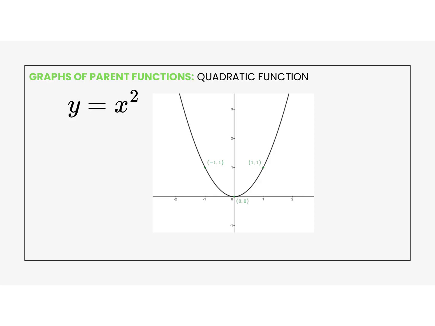You can see them highlighted on this graph here, but the 3 points that we need to know for a quadratic function are (-1, 1), (0, 0), and (1, 1). Okay, and you notice that the graph makes an upward U shape. That's called a parabola. And what's not on here that probably should be are arrows. It is going to keep going in those directions. Okay, so that's a quadratic function.